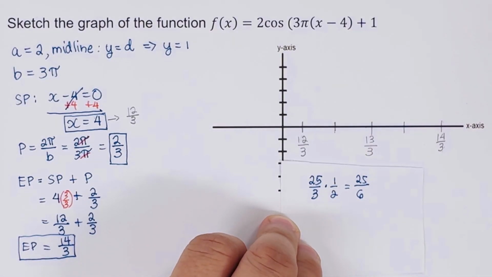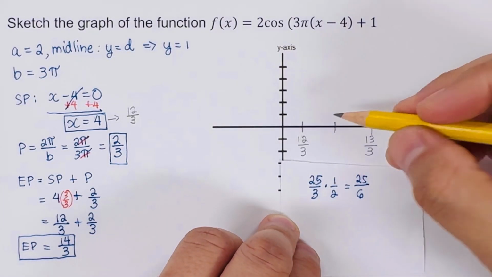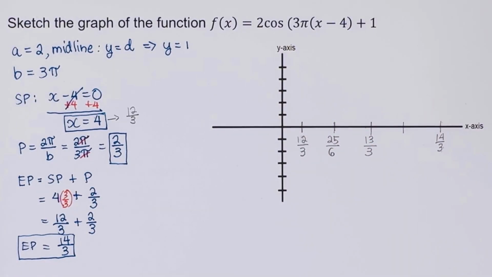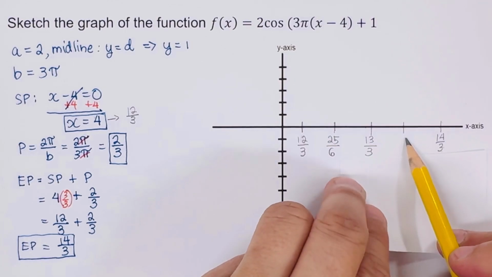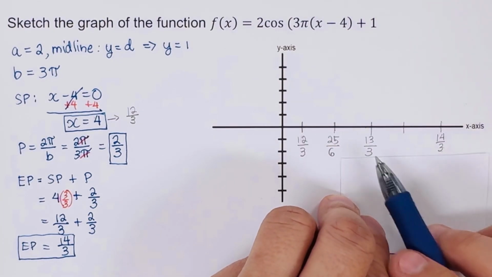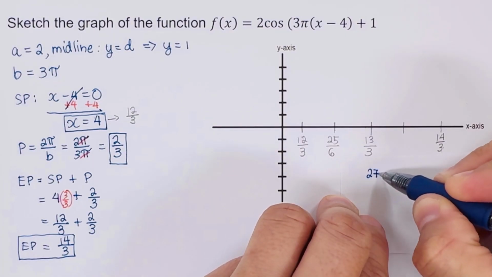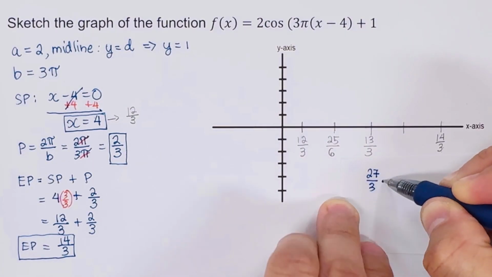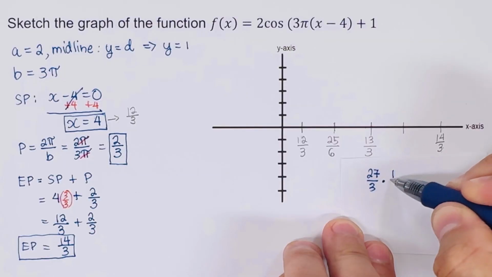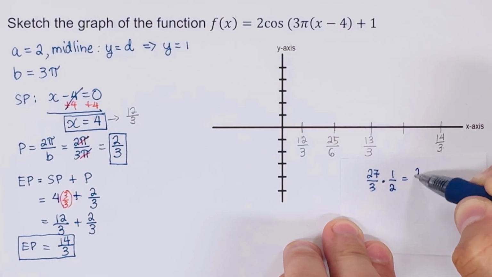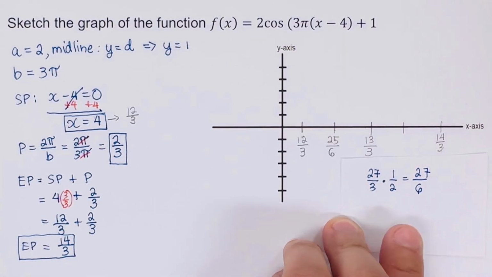So this middle right here is 25 over 6. Next, we're going to determine this other middle dot. We add 13 over 3 plus 14 over 3, which is 27 over 3. We multiply this by 1/2 so that we can get the middle. So this is 27 over 6.